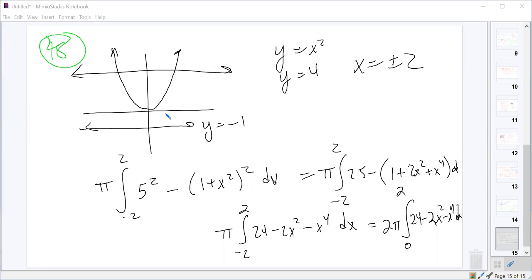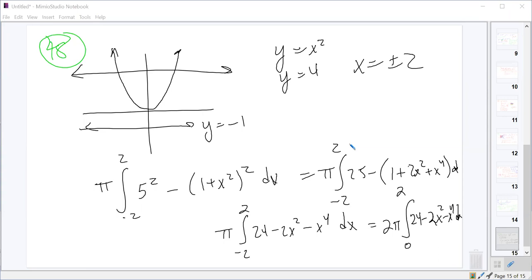Does that make sense to everybody about why we can go from pi -2 to 2 to 2 pi 0 to 2? I know, Alicia, you specifically were asking about that in number 48. Is that good? You can do that anytime the function is symmetric across the y-axis that you're looking for the area or the volume. You can just do that. Okay, I'm going to assume that answers that question.